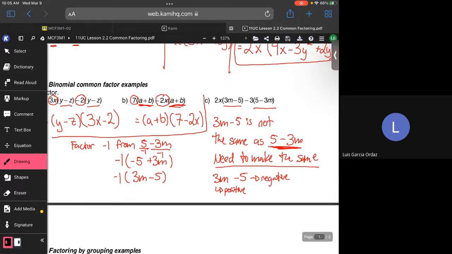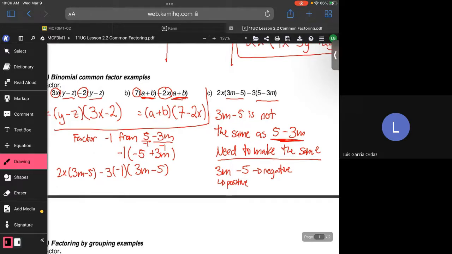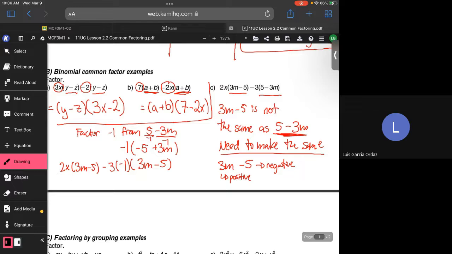So now that we have that, I have 2x times 3m minus 5 minus -3. I have to multiply the -1 because I factored it out, times 3m minus 5. So what does my middle term become then? Instead of -3 on the outside, it becomes what?